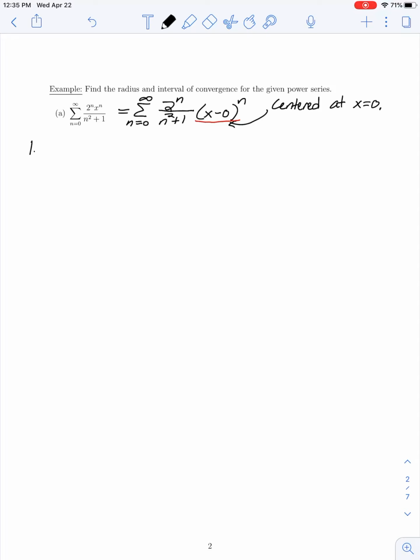Now, to apply the ratio test, we look at the limit as n approaches infinity of the absolute value of the n plus 1 term of our series. So here we would have 2 to the n plus 1 times x to the n plus 1 divided by n plus 1 squared plus 1.